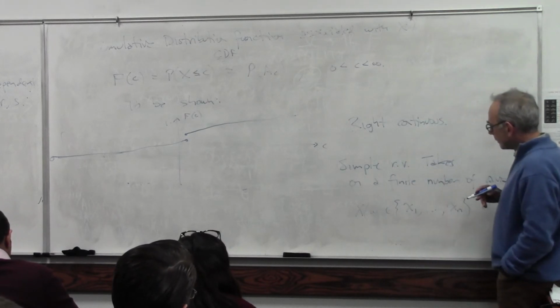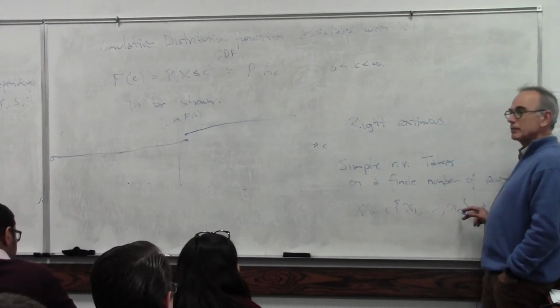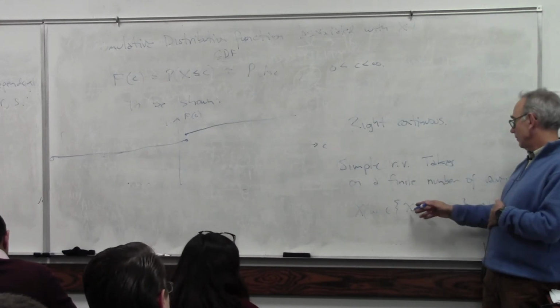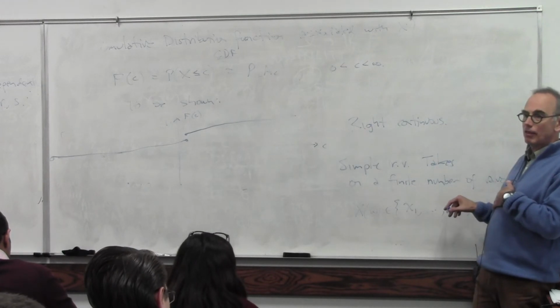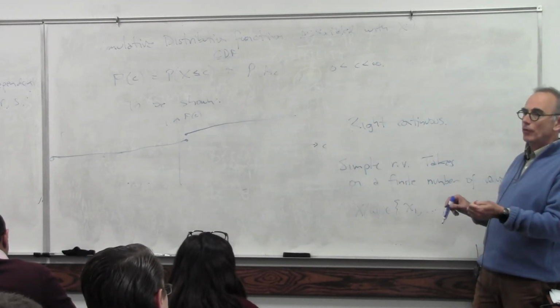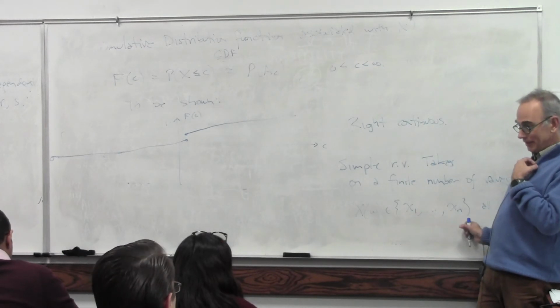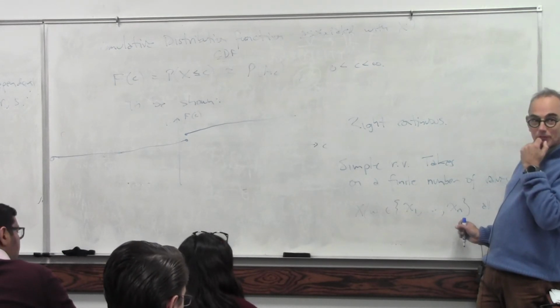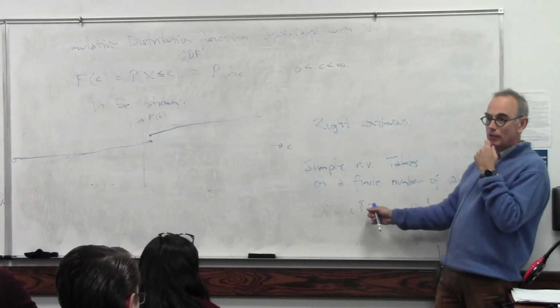All right. So if you have a simple random variable, then somebody's given you a set of n different elements, and X of omega is in that set for any omega. For example, for the roll of a dice, n is 6: 1, 2, 3, 4, 5, 6. For the Bernoulli case we saw before, there are two values, 0 and 1, so n is 2.